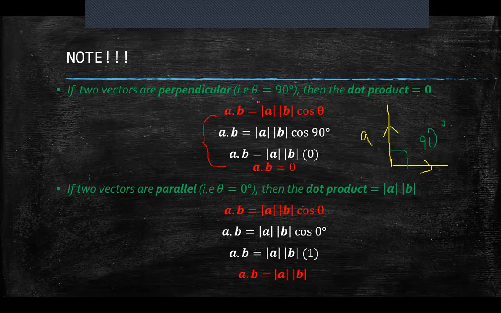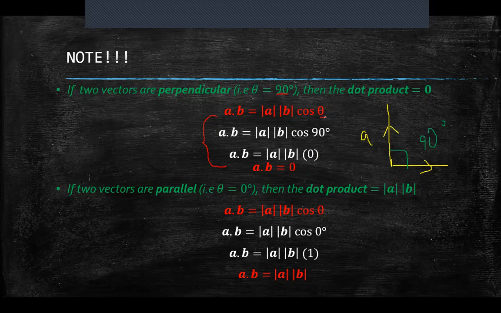So I have my formula. When I need to find the angle between two vectors, I apply this formula, right? In this case, I already know the angle and I'm trying to find the dot product. They gave me the angle, and I'm trying to show you that the dot product will be equal to 0.